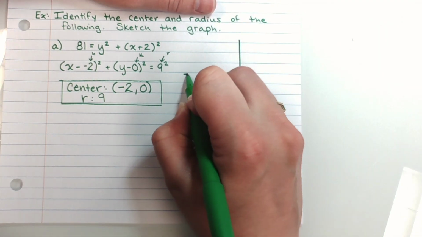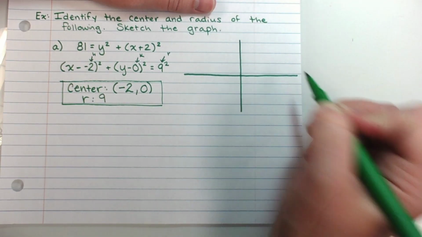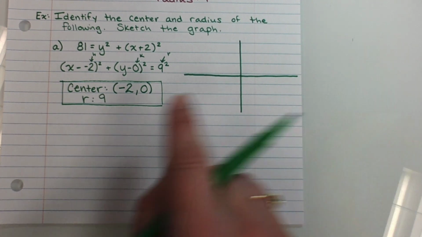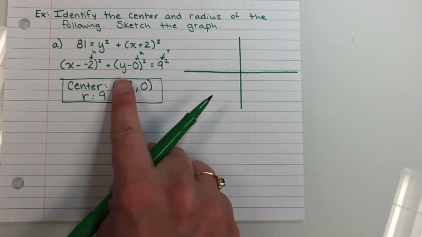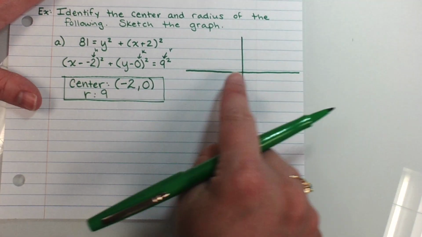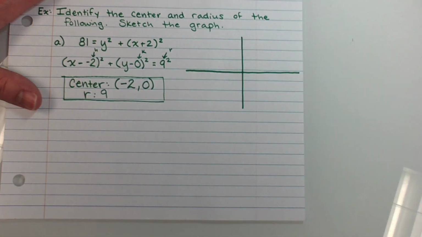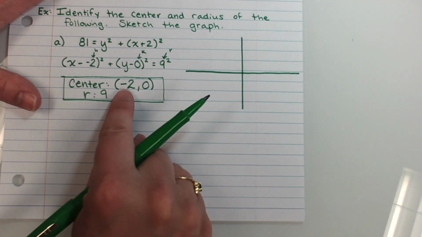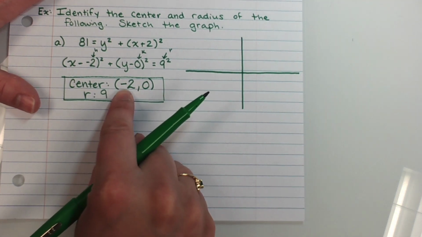So, I draw my XY axis. To fit a radius of 9 going out from this coordinate point is going to give me, at least to the left, I'm going to need to get to negative 11. To the right, I'm going to need to get to a positive 7, because that's 9 different from each of those.